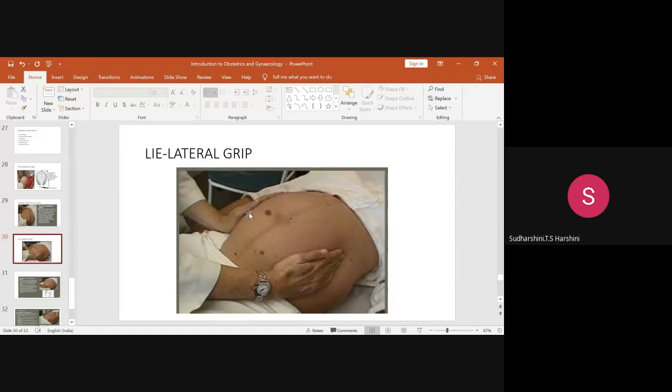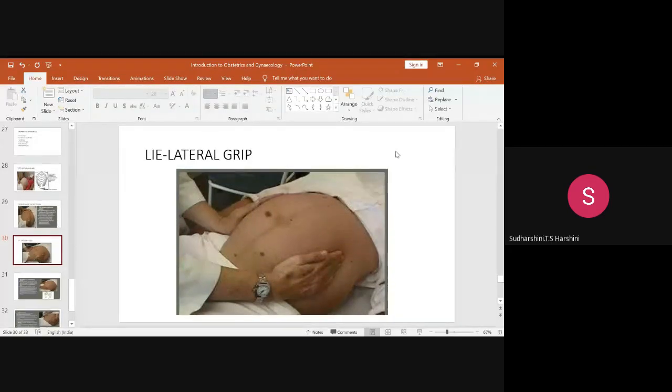If the spine of the baby is felt along this curvature, it means the spine is along the longitudinal axis of the maternal spine, and it corresponds to a longitudinal lie. Any doubts in this lateral pelvic grip or umbilical grip?